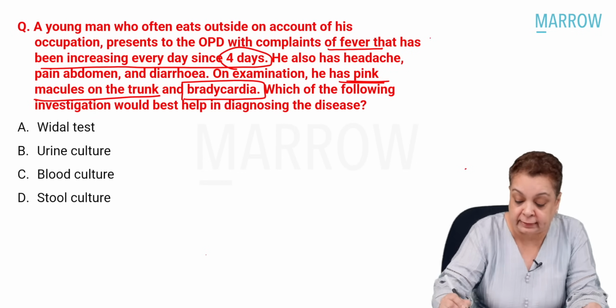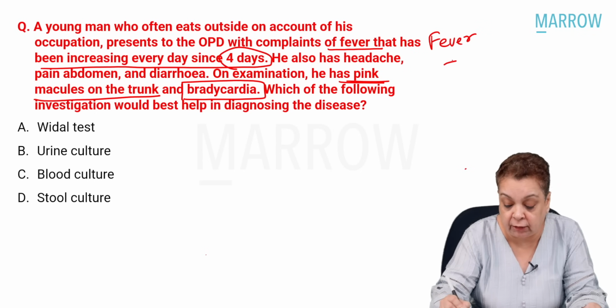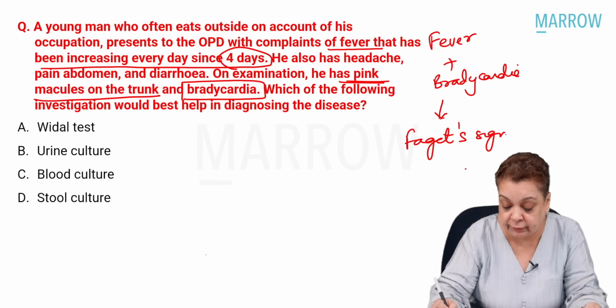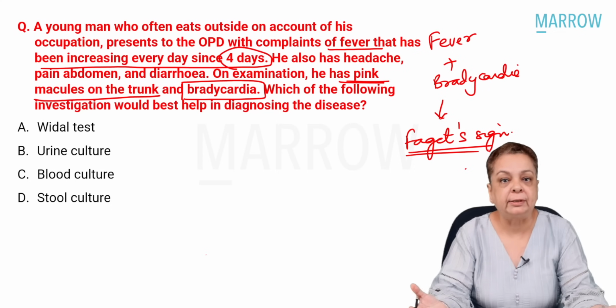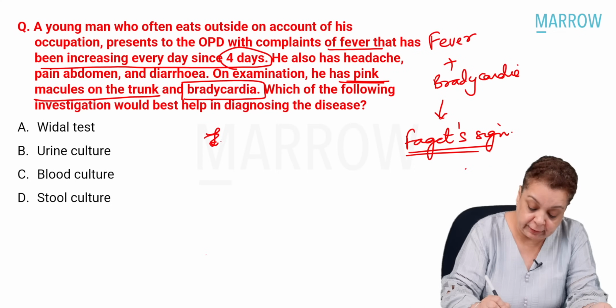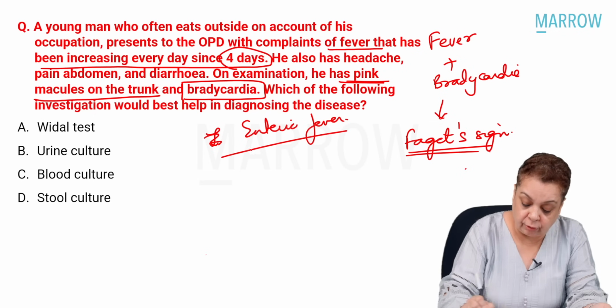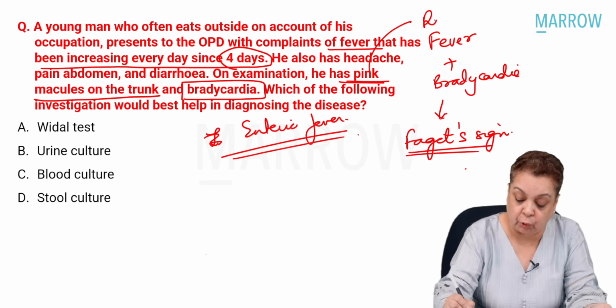So what is this telling us? The patient has fever along with bradycardia. What sign is this? This is called the Faget sign, and we have pink macules on the patient's trunk. Obviously, we're going to think of enteric fever. Okay, so these are the rose spots.